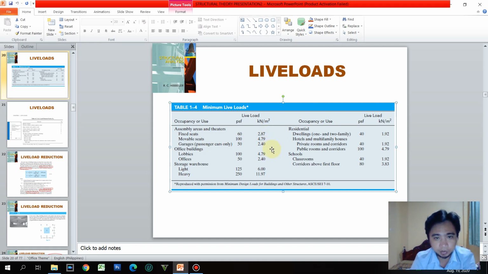Also, we have garages, office buildings, lobbies, offices, light and heavy storage, warehouse, residential, whether private or public, schools, and then we have a larger live load for the corridor.